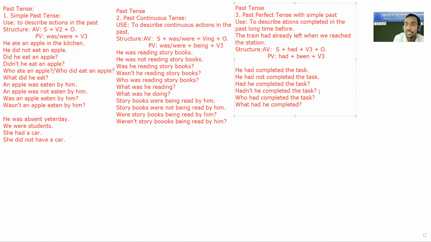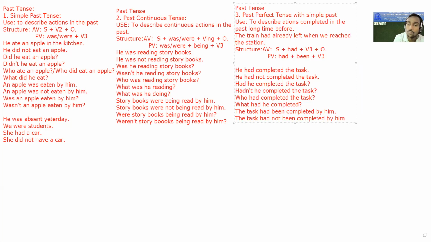Let's make the passive. He had completed the task. So the object is the task. Then had been completed by him. Now negative: the task had not been completed by him.